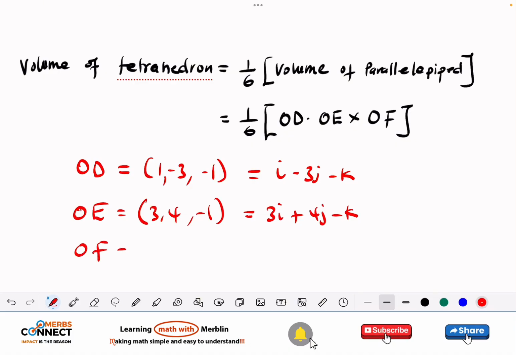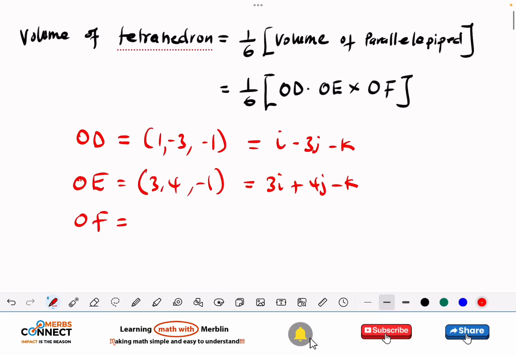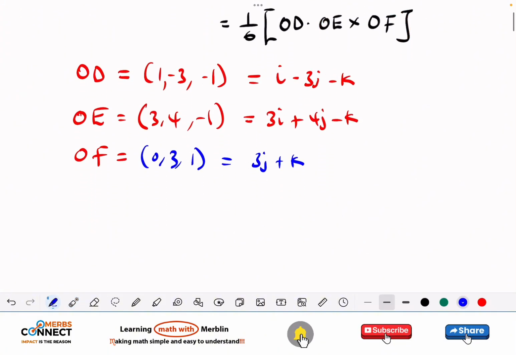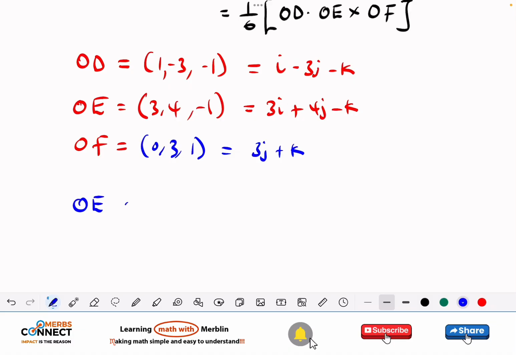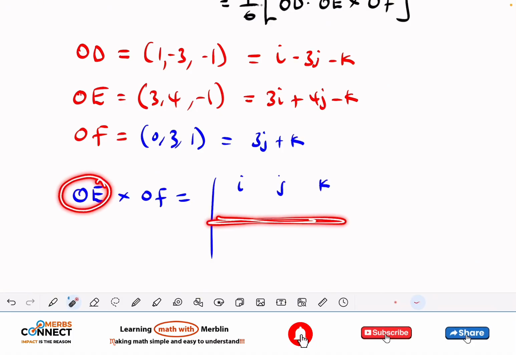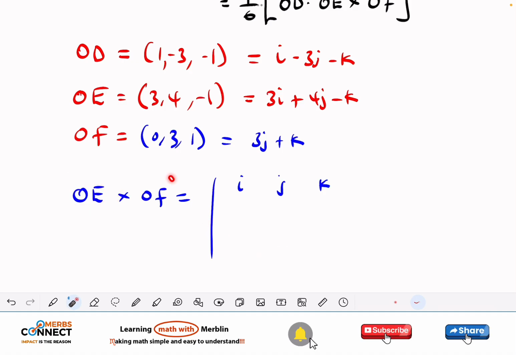Then OF is giving us 0, 3, 1, so I'm going to have 3J plus K. So this is what we have. We can start by doing the cross first, finding OE cross OF, which is equal to, so we know how to do this, I, J, K. Then the second row will be OE and the last row will be OF.